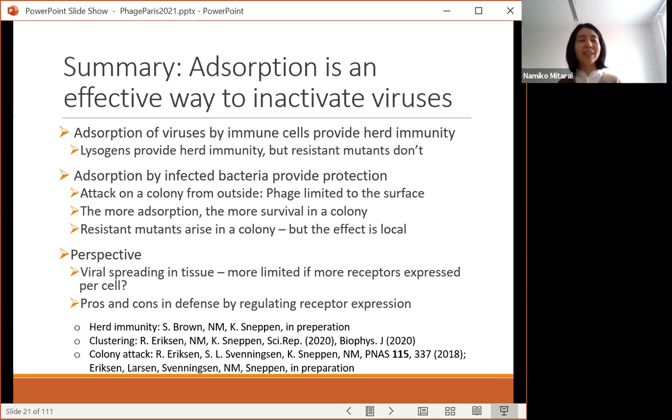If you had tissue that has a lot of receptor for that virus, then maybe the infection is more localized because they may not be able to diffuse far away. That kind of thing could be something one can think about by looking at this kind of behavior.